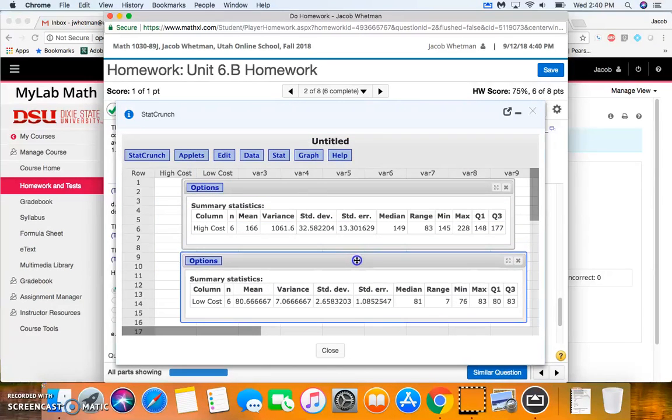So now I can see both of them at the same time. And so you can see I've got my mean, my median on both of them. I've got the range, the minimum, the maximum, the first quartile, the third quartile, or the lower and upper quartiles. So then we can transfer all that data over.